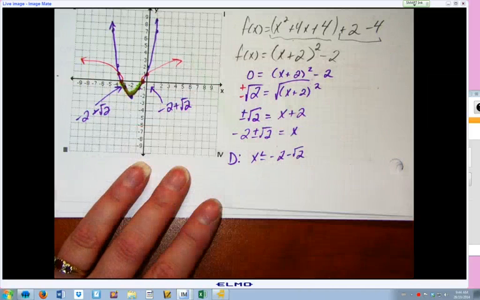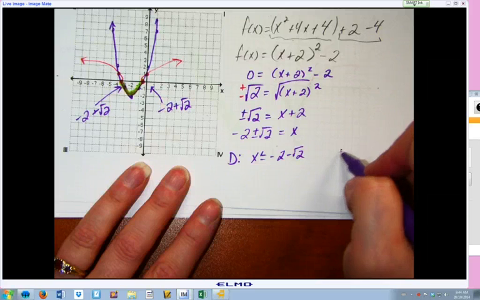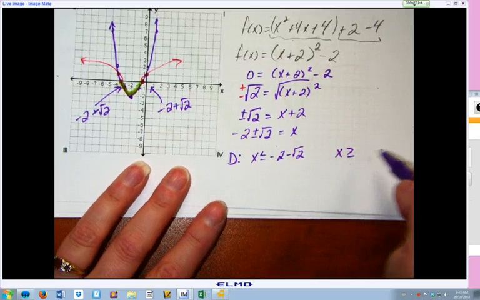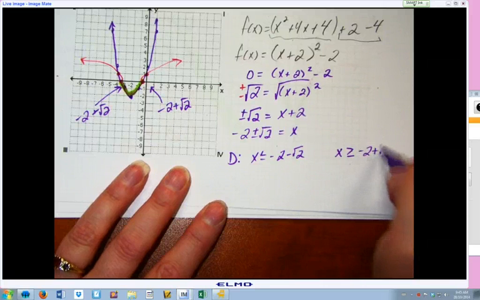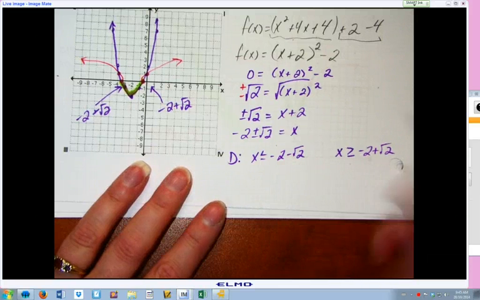Okay, how do we do the right swoop? Okay, x is greater than or equal to. And what do I need to put in between them to say "and"? Union.